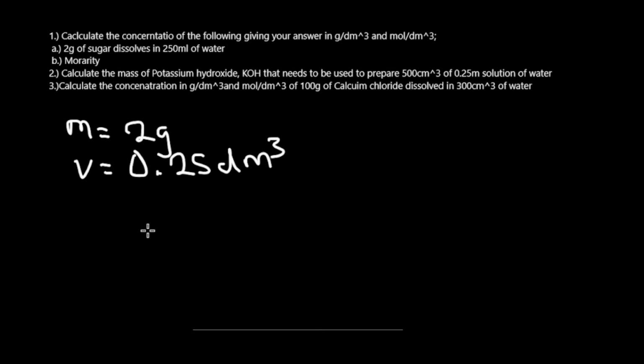So now let's find concentration. Concentration: what's our mass? 2 kilograms. And what's our volume? 0.25 decimeter cubed.